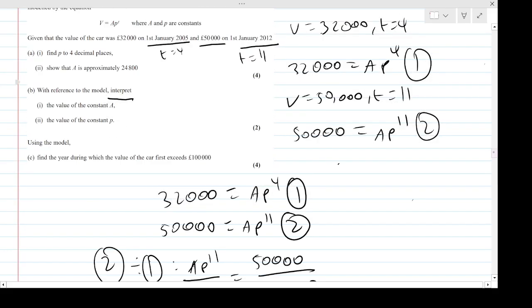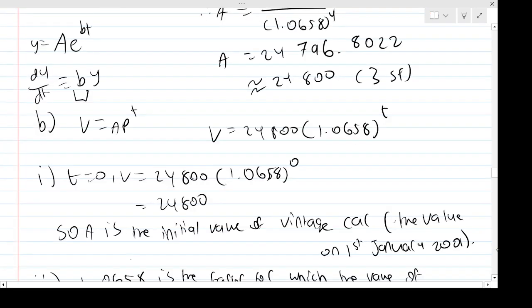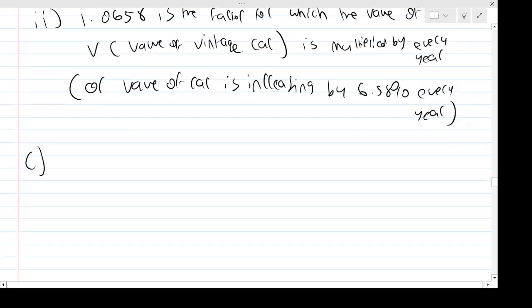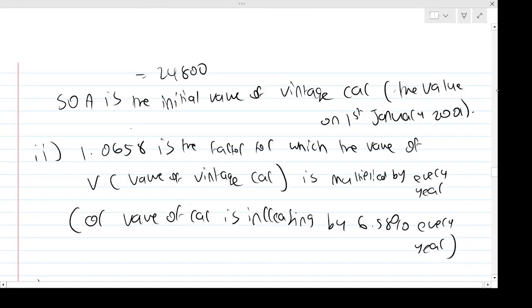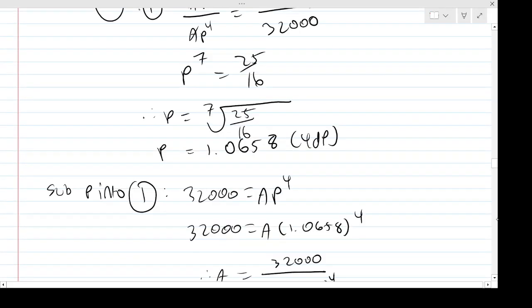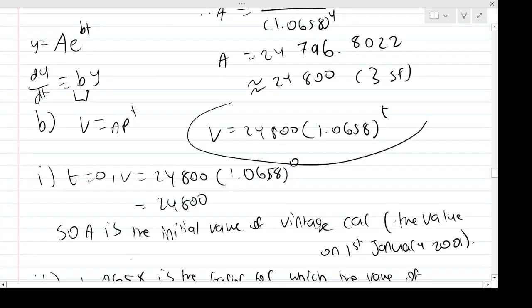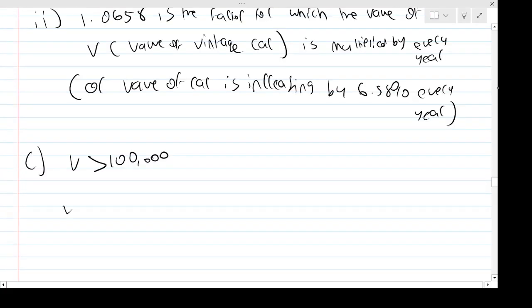Anyway, for part C, we now need to use the model to find the year for which the value of the car first exceeds 100,000. What does that mean? It means that V has to be greater than 100,000. But remember, V is 24,800 times 1.0658 to the t.